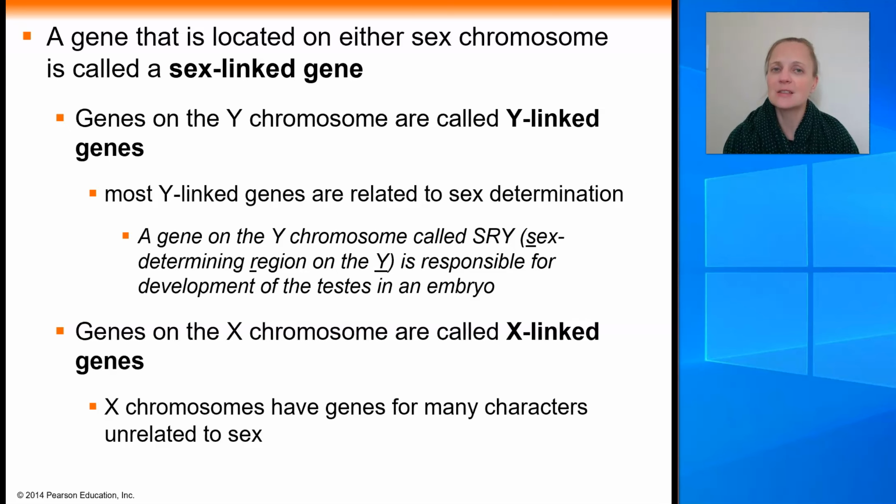Let's talk about the X-linked genes first because there's nothing really very special here about them. Because both males and females get at least one X chromosome in our species, the genes on the X chromosome code for mundane things that have really nothing to do with determination of sex or gender.